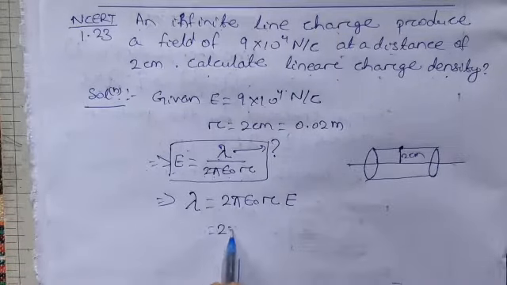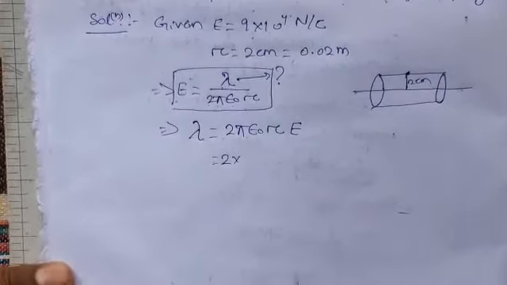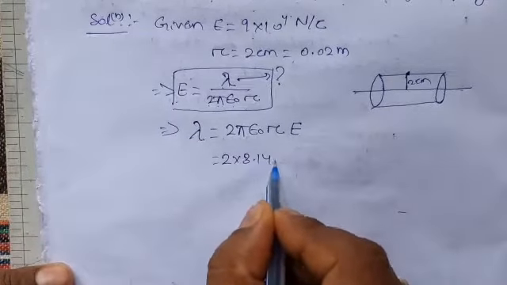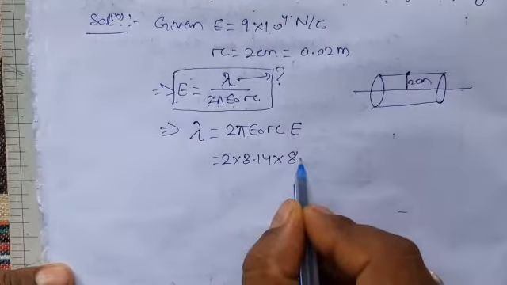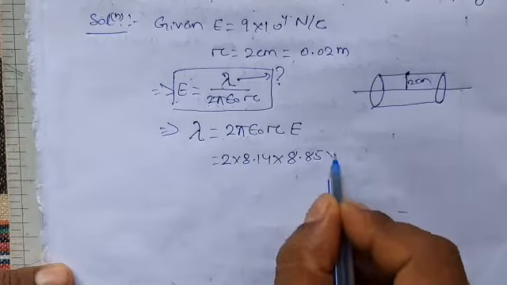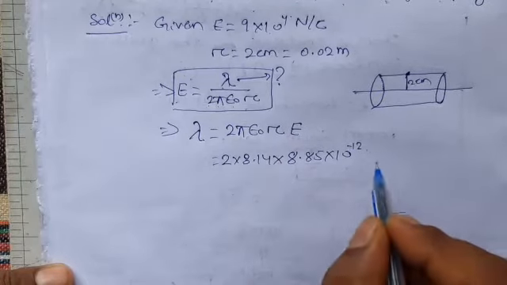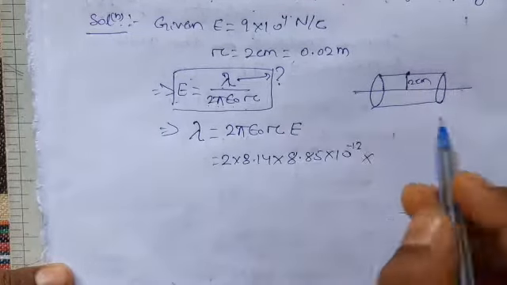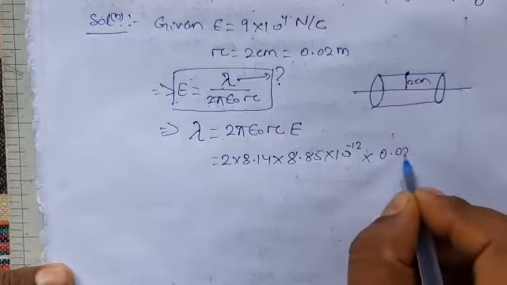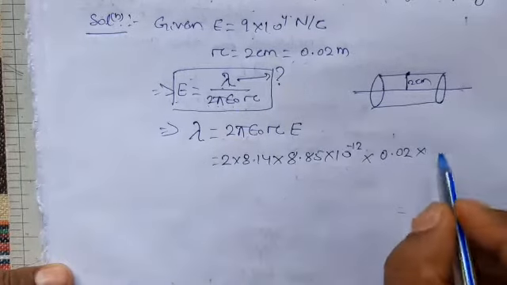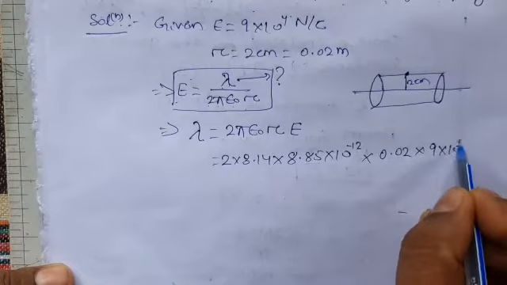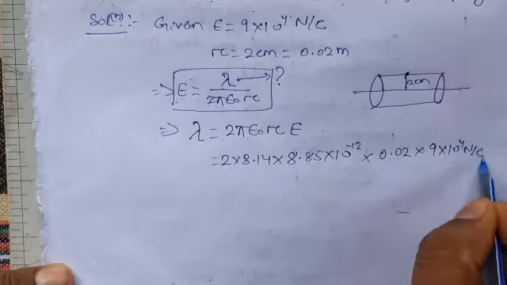Here I will write 2 into 3.14 into, we know the value of epsilon naught 8.85 into 10 to the power minus 12, into r equal to, in SI form, 0.02, into the electric field given 9 into 10 to the power 4 Newton per coulomb.